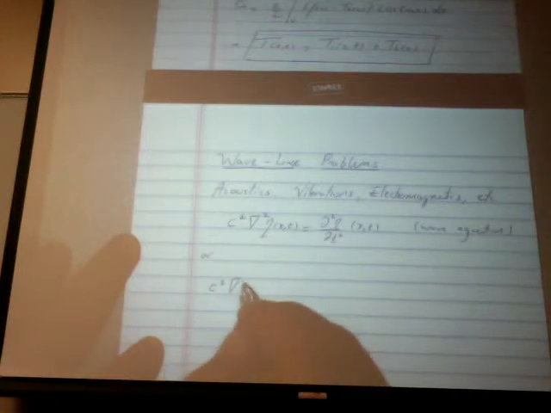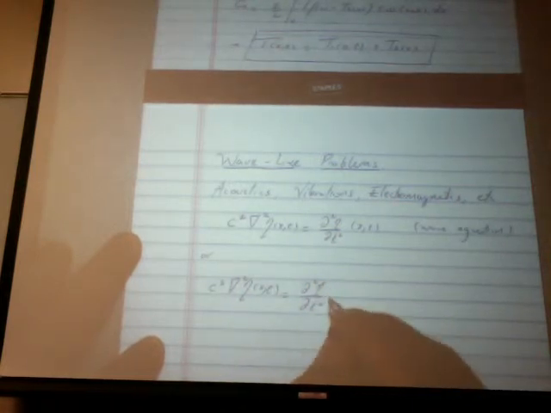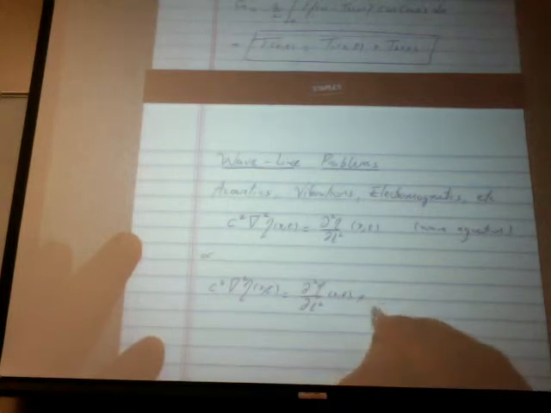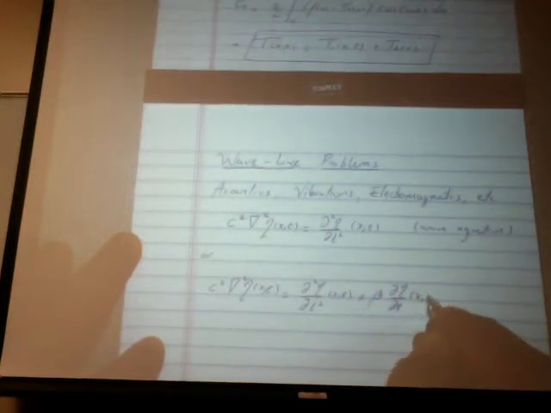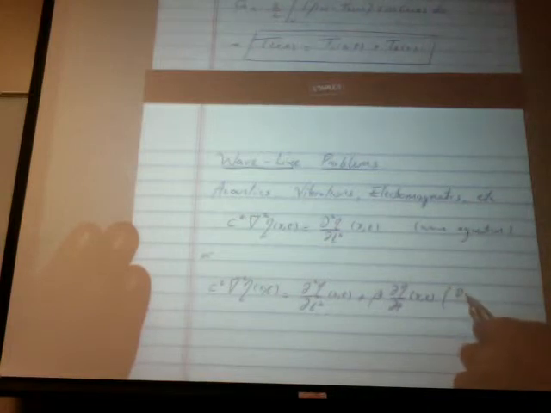Also, we can have another kind of equation that is wave-like, that looks like this. So notice now we have a first and a second derivative in time, and this is what's known as the damped wave equation.